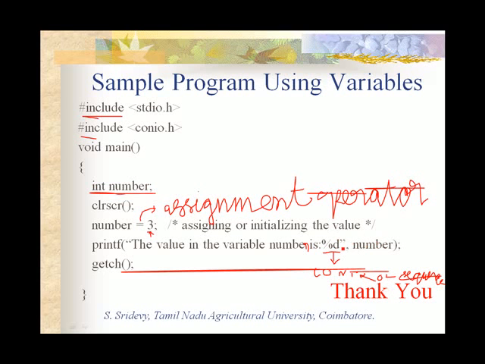Followed by it, you close the double quotes, and then comma, then the name of the variable is most important. Then the name of the variable.